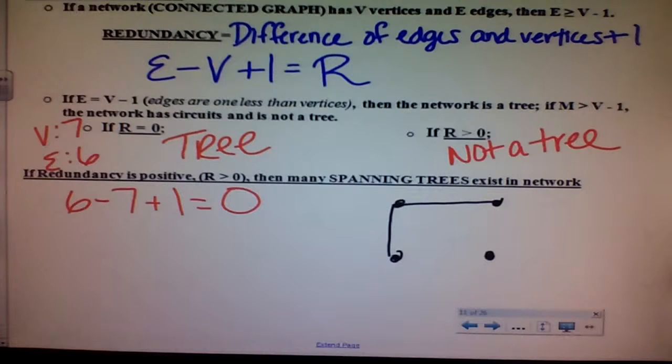Not connected. It's not connected. So this would be an instance where your R would be less than 0 because my edges are 2 minus 4 plus 1 gives you -1. It's never going to happen because you automatically know that this is not a tree because it's disconnected. So the only time that you would ever end up with a redundancy that's negative is if you already had a disconnected graph, which you wouldn't even need to calculate redundancy because you already know.